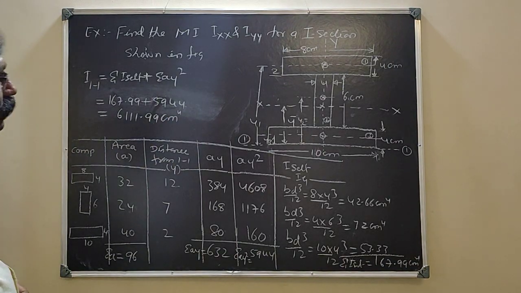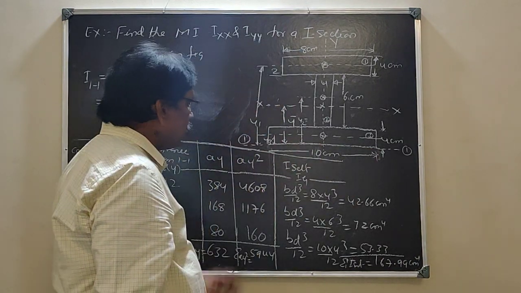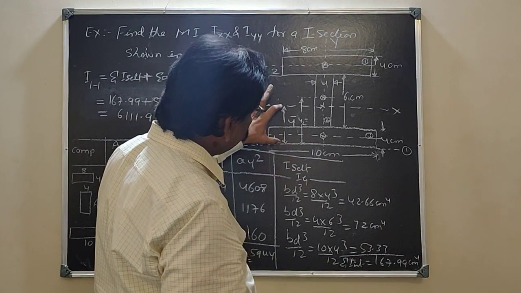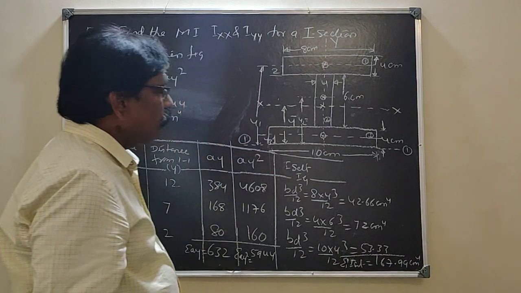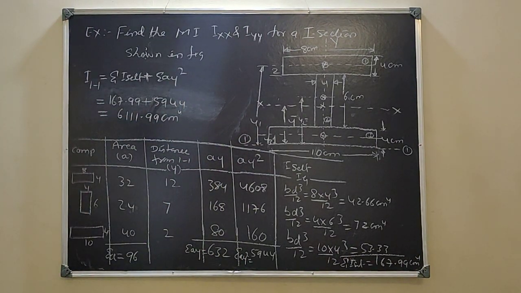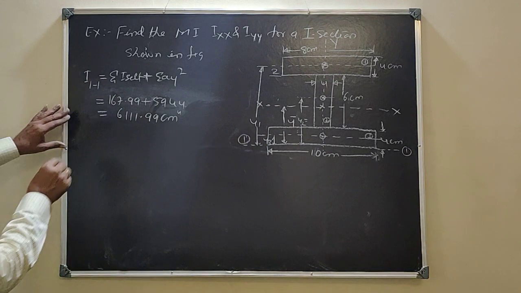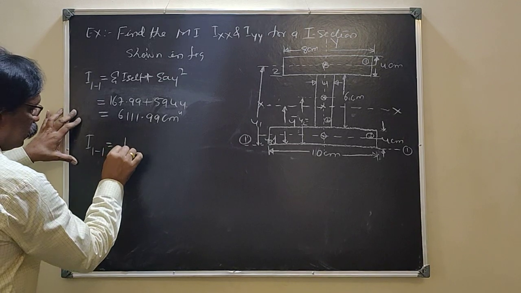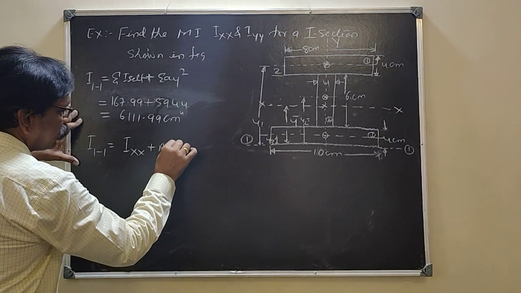That means we could find the moment of inertia of these units about the reference axis 1, 1. Now we want to find the centroidal distance, at what distance it is from the reference axis, and then transfer the moment of inertia back to its centroidal axis. We know the moment of inertia about any reference axis is equal to Ixx plus A y bar square.